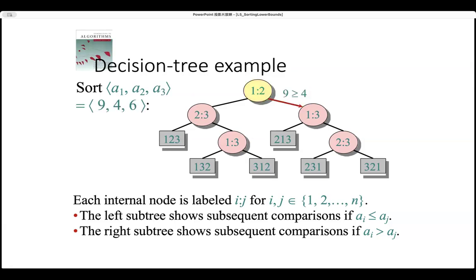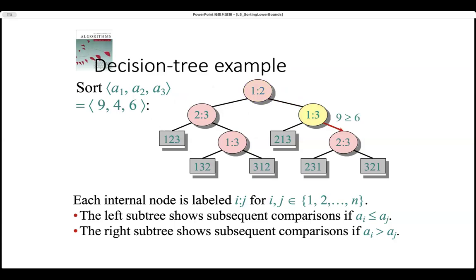So here's the example. Say we have 9, 4, and 6. Because 9 is greater than 4, we go to the right-hand side.